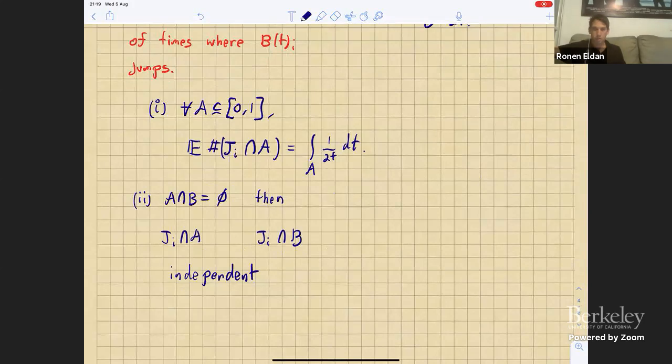If you want, you can think of it like this: you take a Poisson random variable. It would be much easier to give an alternative definition if this integral were convergent and not divergent.